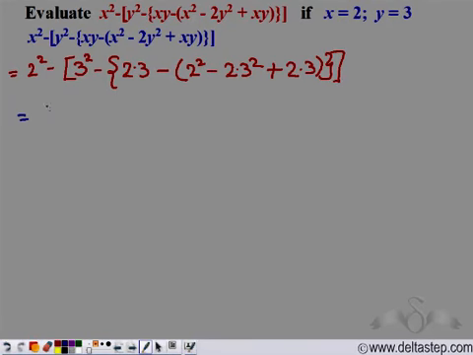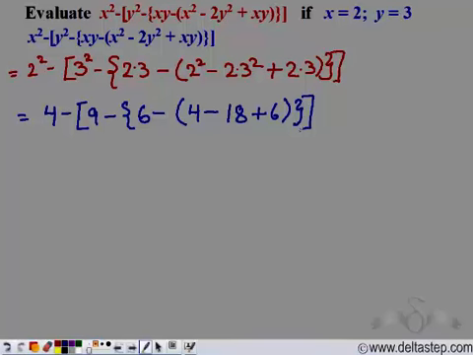Now 2 square is 4, minus 3 square is 9, minus 2 into 3 is 6, minus 2 square is 4, minus 2 into 3 square. So 3 square is 9, 9 into 2 is 18, plus 2 into 3 is 6.